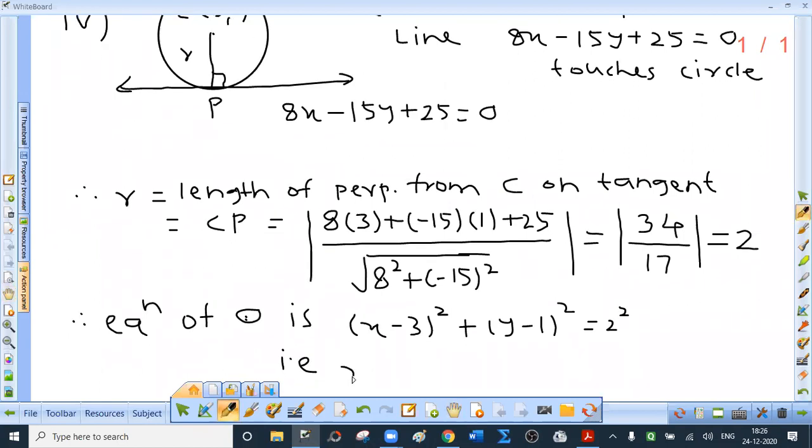That is x square plus y square minus 6x minus 2y plus 6 equal to 0. Right.